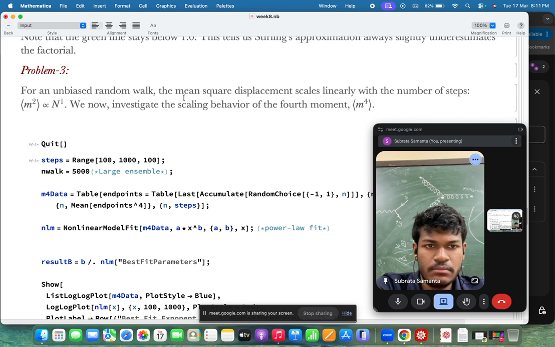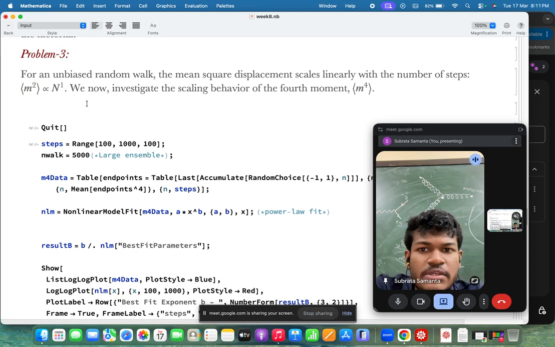That is, the average of m squared is proportional to N, where capital N is the number of steps, and the RMS is the square root of the mean square. So your RMS is proportional to the square root of N.